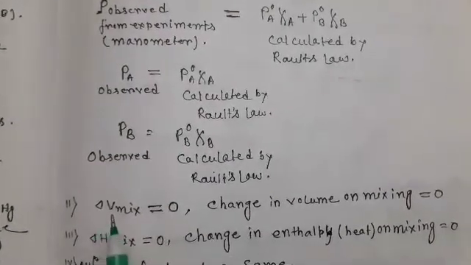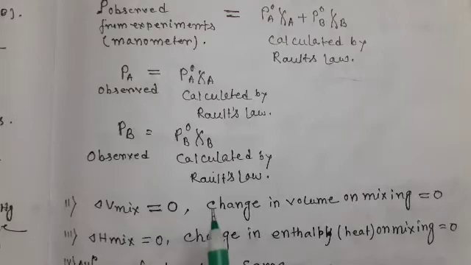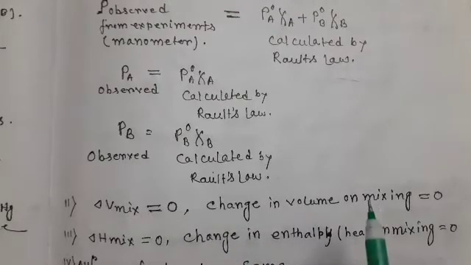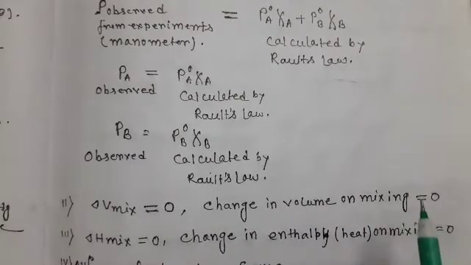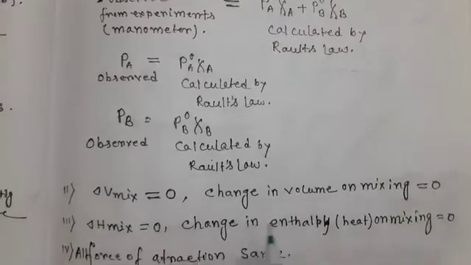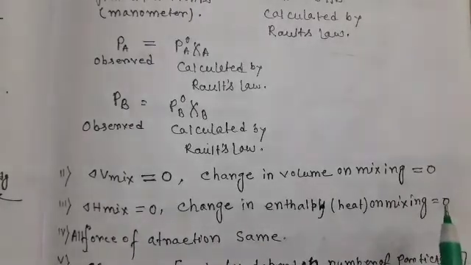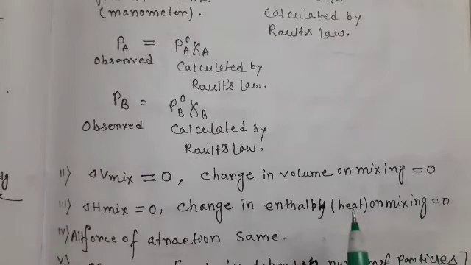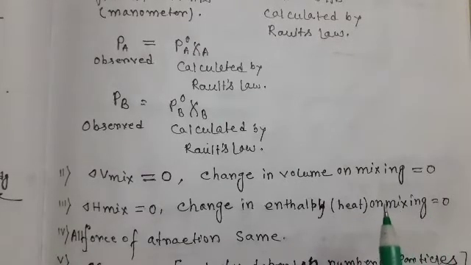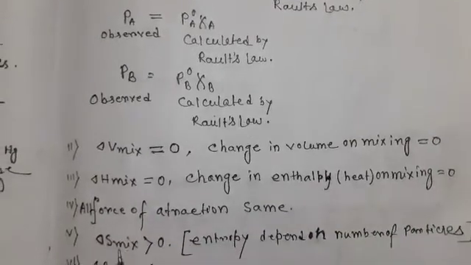Second point: delta V mixing, the change in volume on mixing, is equal to 0, so it is an ideal solution. Delta H mixing is equal to 0, that means the change in enthalpy or heat on mixing is 0. Then we can say that it is an ideal solution.